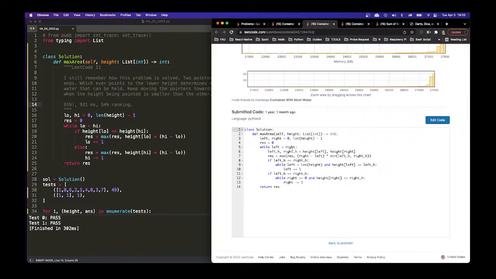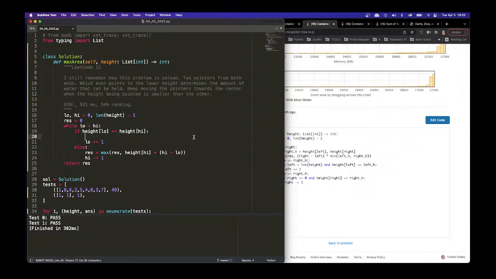Look at this. Maximum of rest and this times the minimum. That's good. So, well, it's the same.